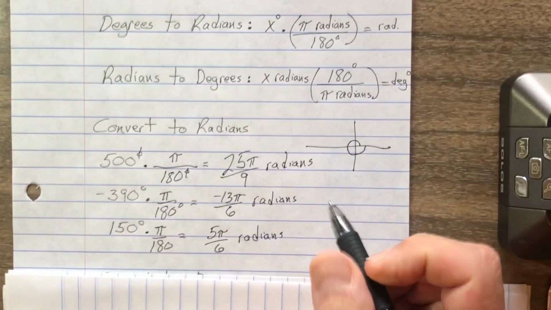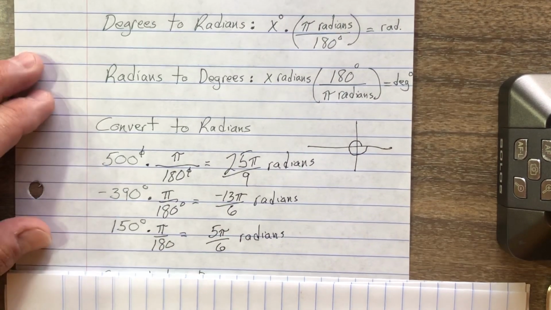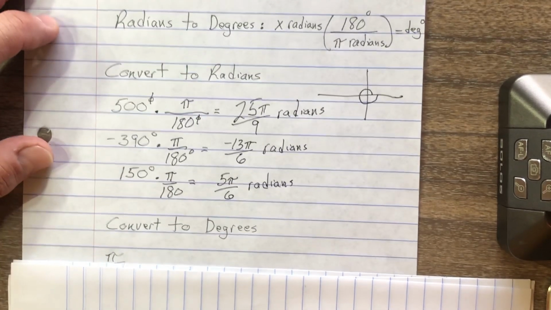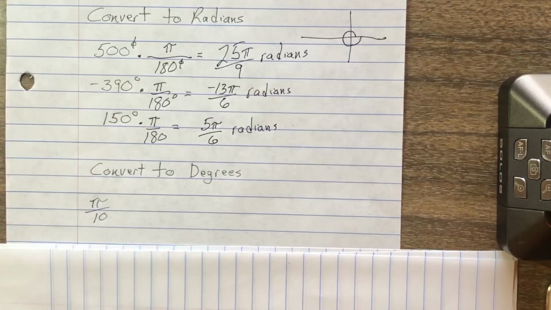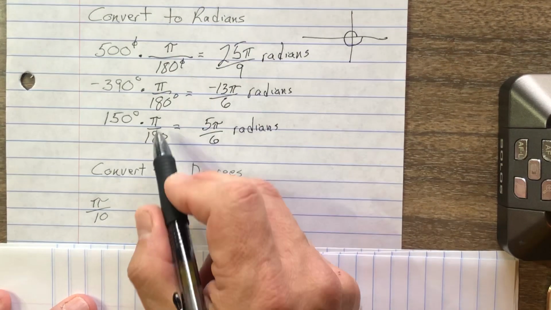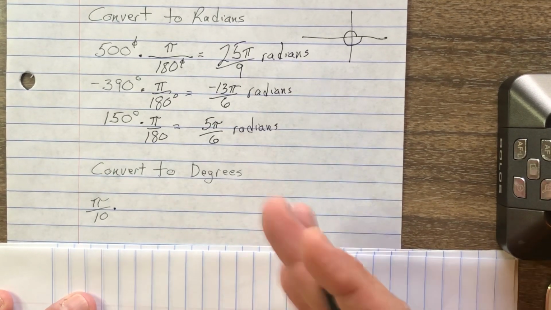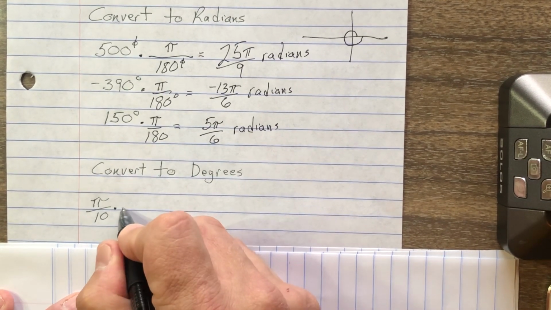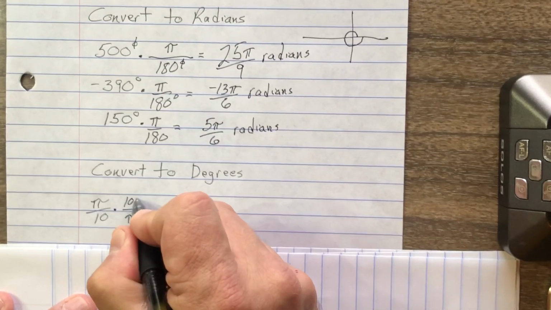Okay, so there we're converting from degrees into radians. Now let's do the opposite. Let's convert to degrees from radians. Pi over 10. Well, instead of multiplying by pi over 180, this time we want the pi's to cancel out because we're trying to turn this into degrees. So this time you put pi on the bottom and 180 on top.